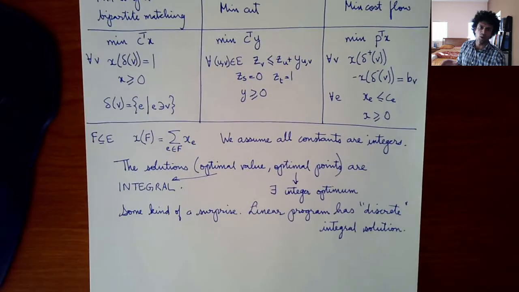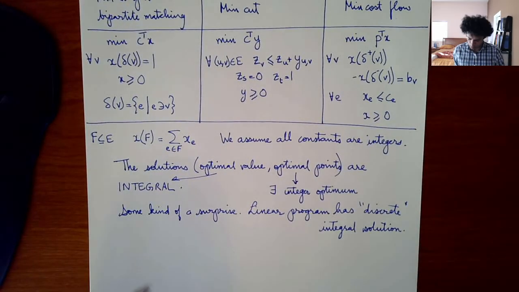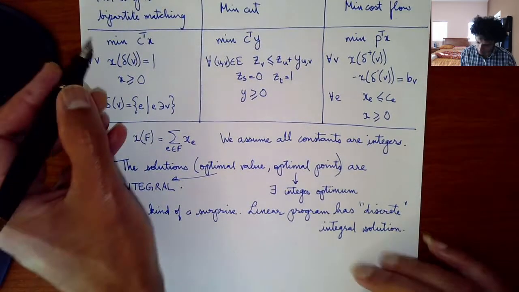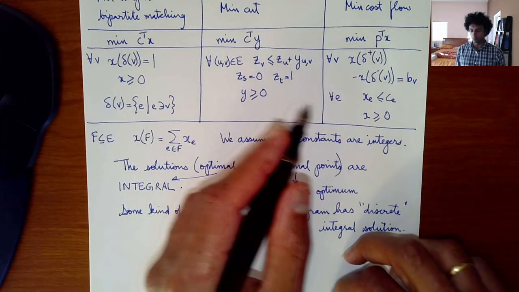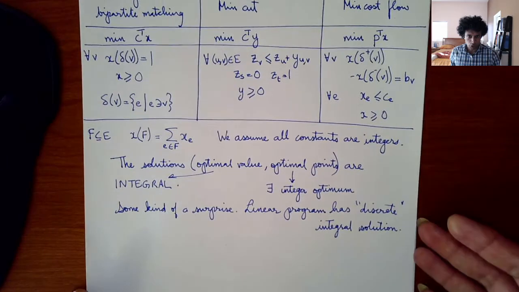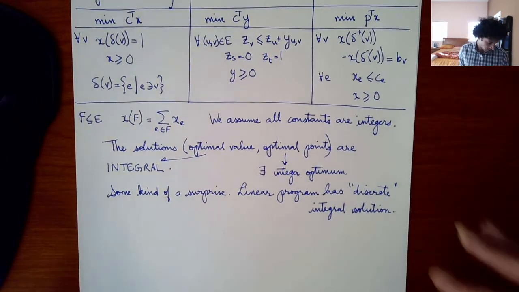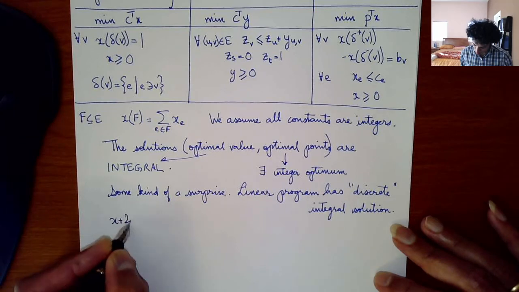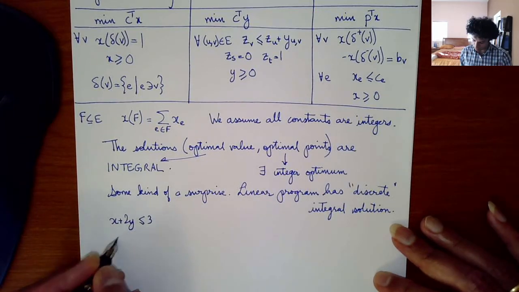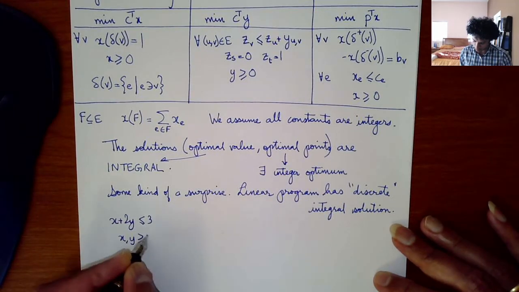There's no reason why the polytope should have integer points. Here's the objective, but here are the polytopes. To give you a simple example, suppose you took x + 2y ≤ 3, and x and y are greater than or equal to 0.